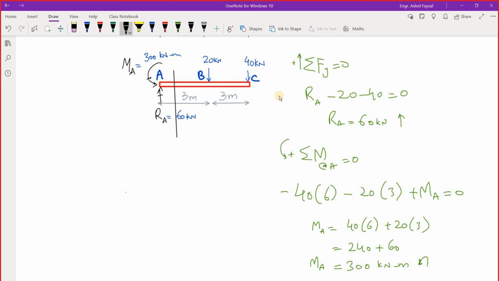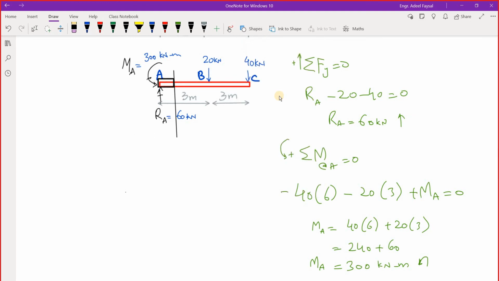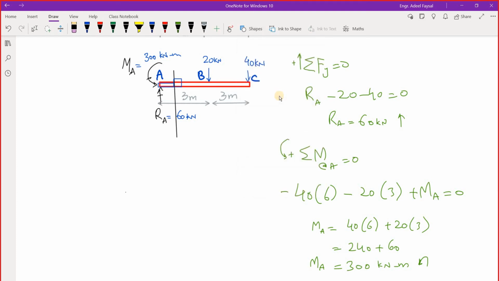You can see these are the two segments that are formed: this is the left segment, and this is the right segment. We can consider either of these segments.